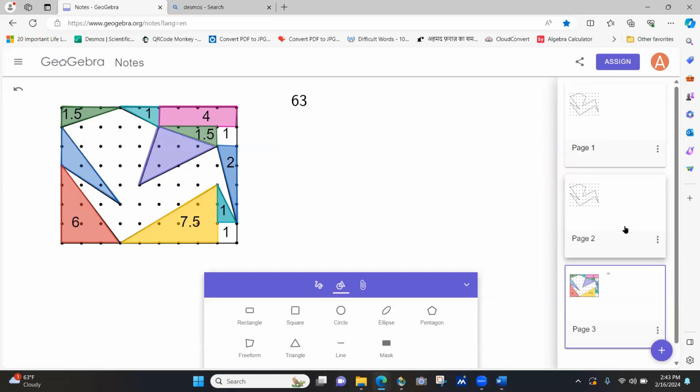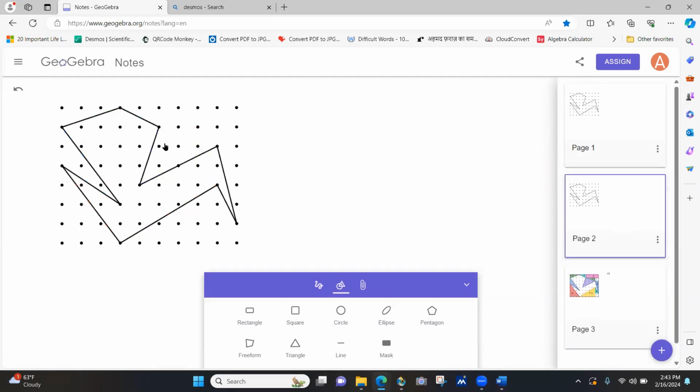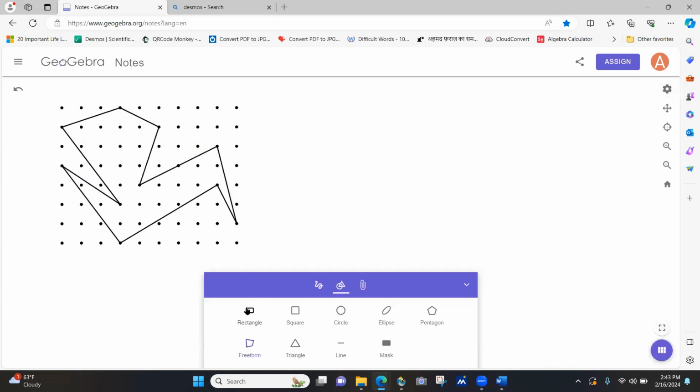These two. All right. Let's do this one first. I am going to put my triangle inside this rectangle.